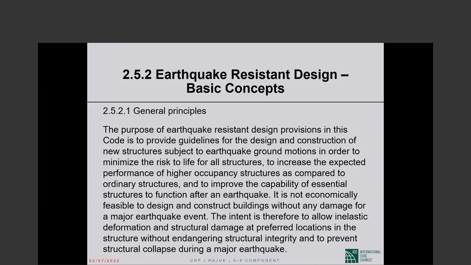Anything that is not enforceable does not belong in the code. You can put it in the commentary or support literature, but it doesn't belong in the code. BNBC is not in that camp. It has quite a bit of stuff that is not enforceable. BNBC doesn't have a commentary. That may be one reason why you find this material in the code itself.